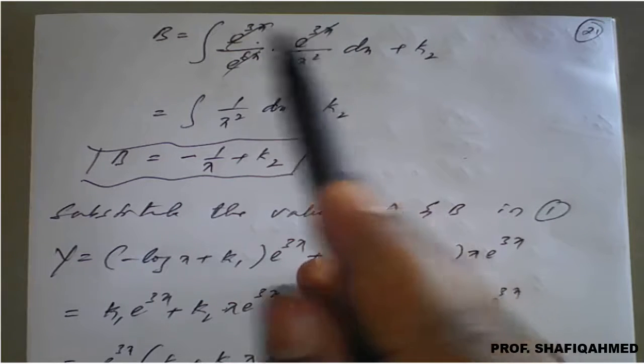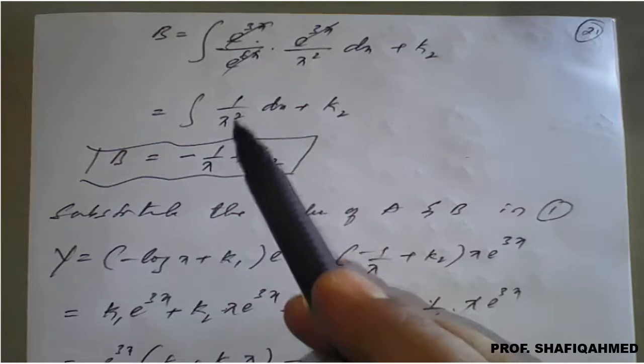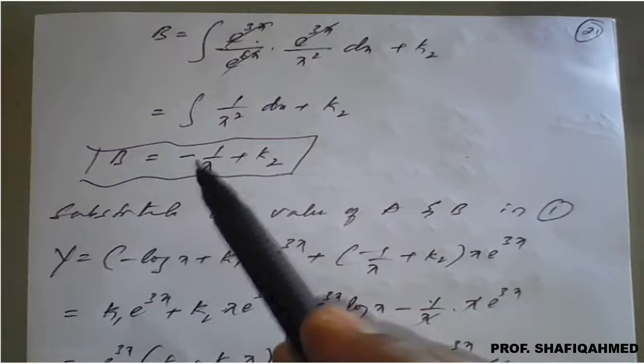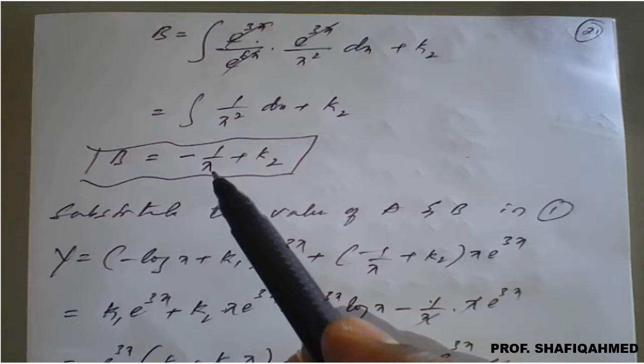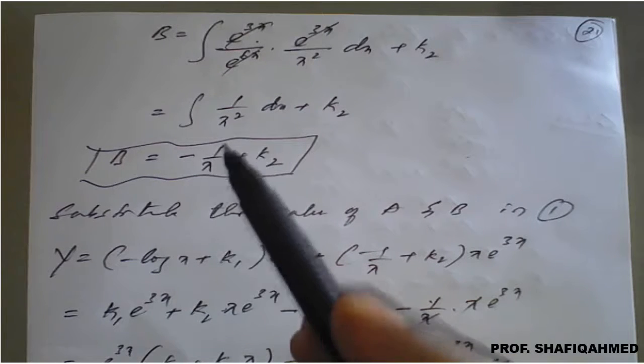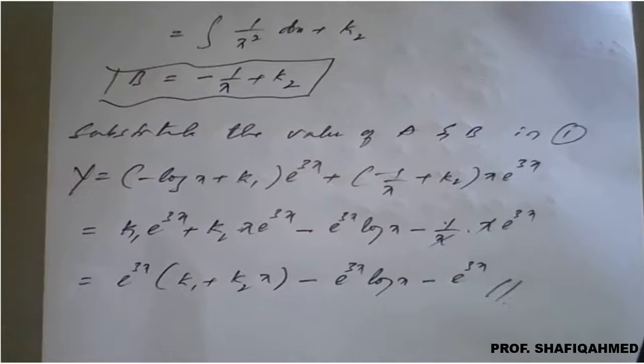This e raised to 3x, e raised to 3x cancels with e raised to 6x. We are left with integration of 1 upon x square dx plus k2. So therefore b is minus 1 upon x plus k2, because integration of 1 upon x square is minus 1 upon x. So we got the values of a and b, substitute the values of a and b in equation number 1.